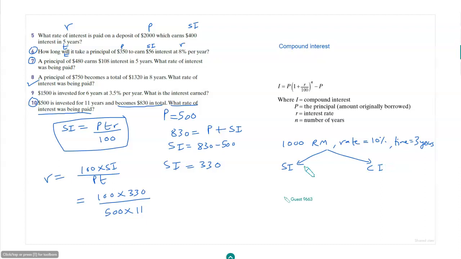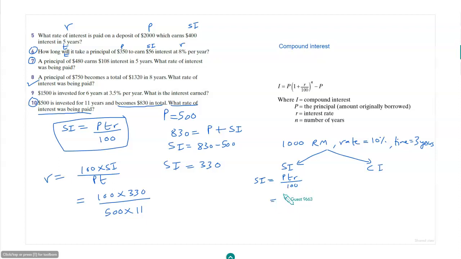So what happens in simple interest? What will be your simple interest? You just did an entire section on simple interest. PTR, principal times rate times time over 100.